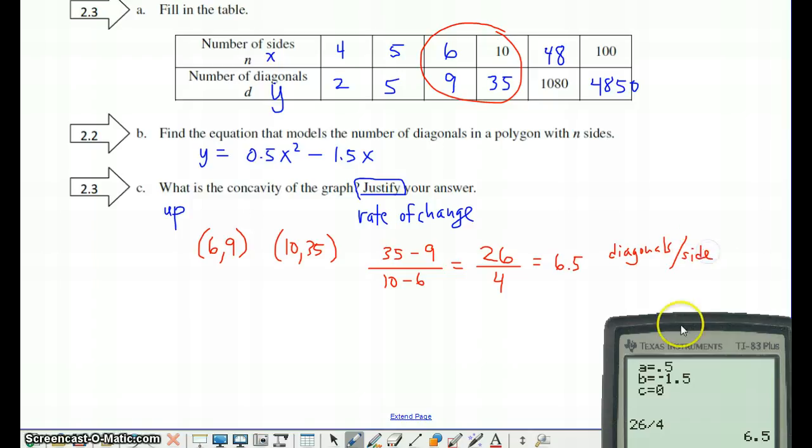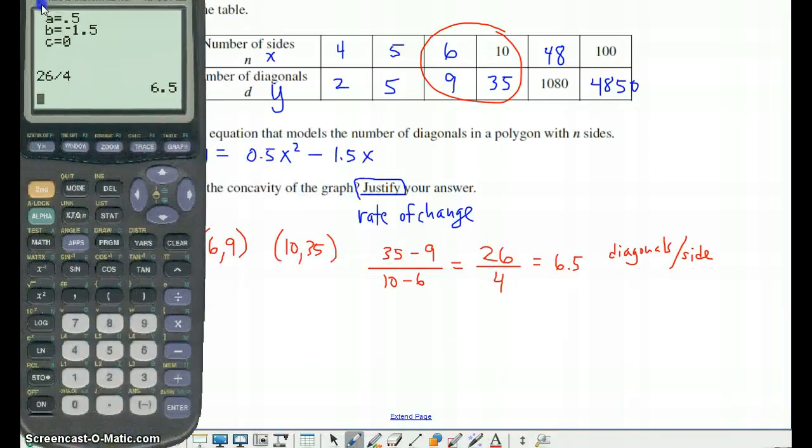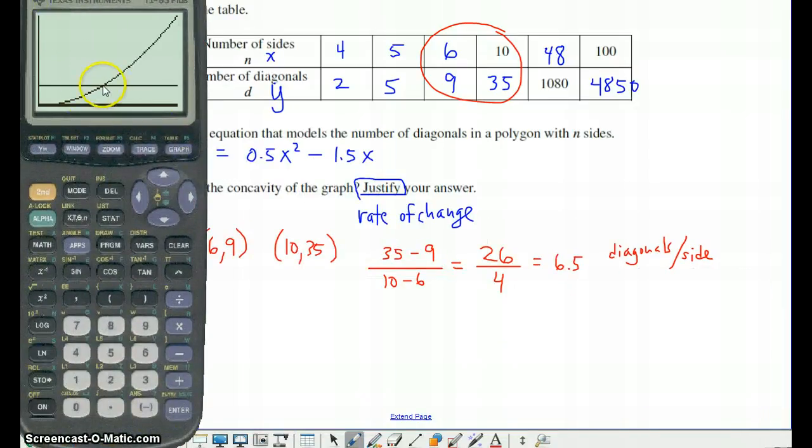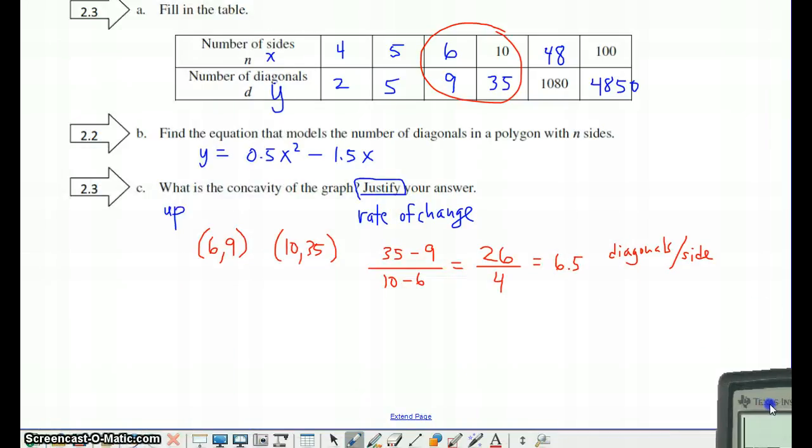Now this is actually going to change because as the graph moves on to the right, the rate of change is going to increase. So what I'm going to do is I'm also going to pick another set of points, let's say right next to it, and do the rate of change between those.